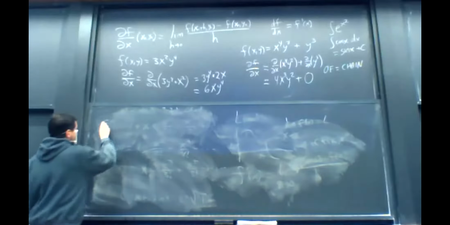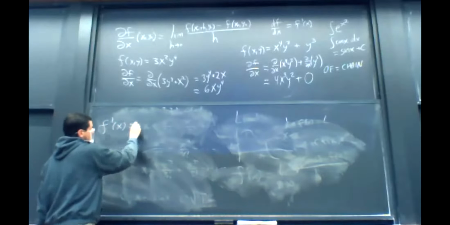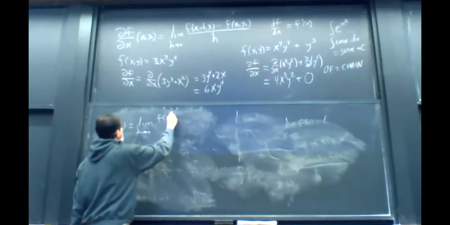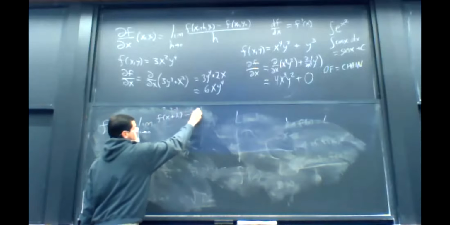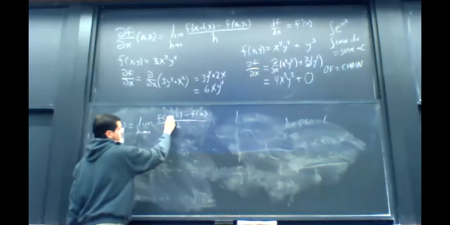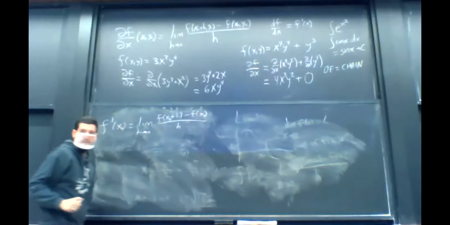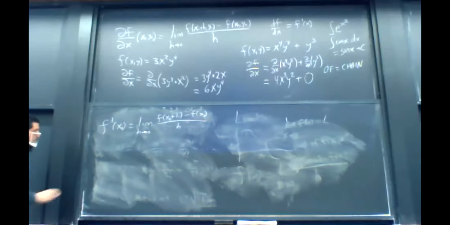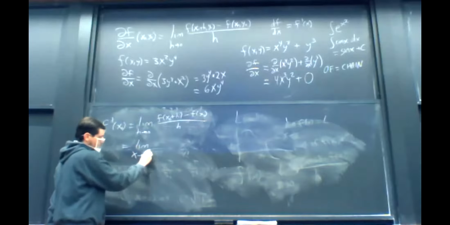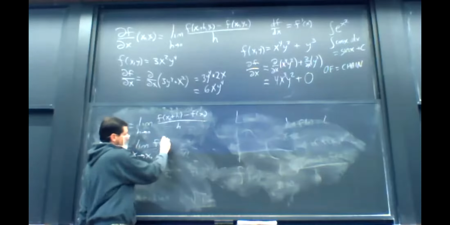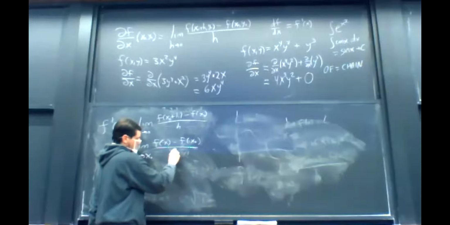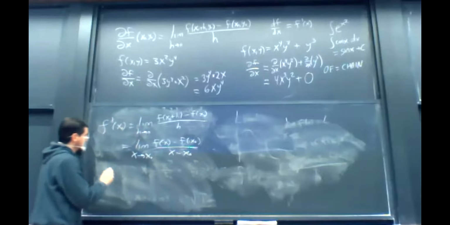So we have f prime of x is the limit as h goes to 0 of f of x plus h minus f of x over h. Let's do it at the point x naught. Another way of writing this is the limit as x goes to x naught of f of x minus f of x naught over x minus x naught.